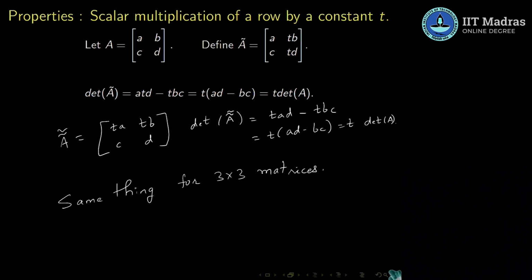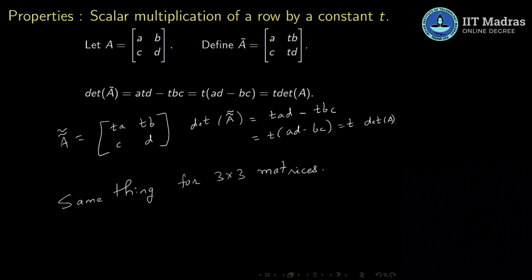Fine. So, we have seen some properties of the determinant. Let us quickly recall what we did today. We have defined the determinant for square matrices of size 1 by 1, 2 by 2 and 3 by 3. We saw that the 3 by 3 case was defined by using the definition for the 2 by 2 case, some kind of inductive definition, that is what we will call it.